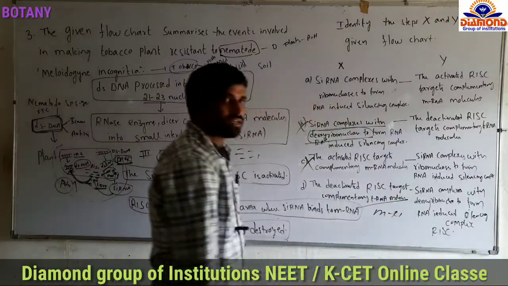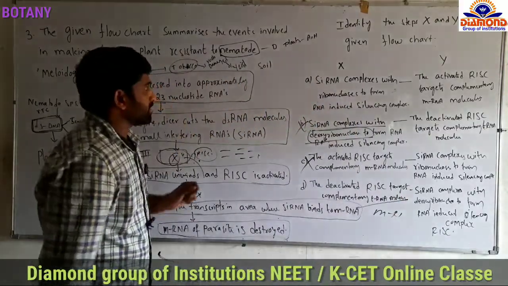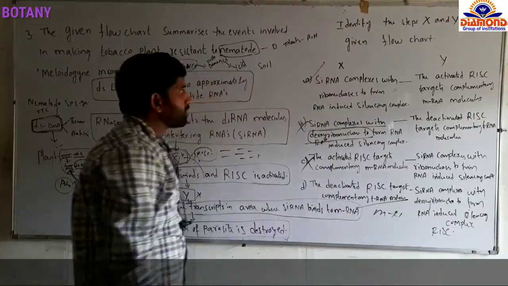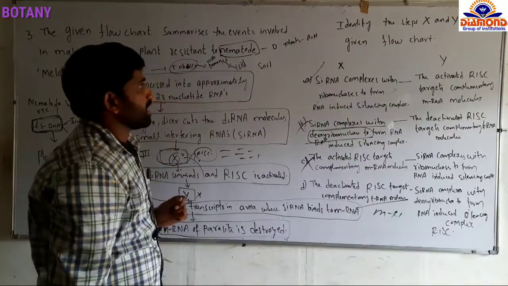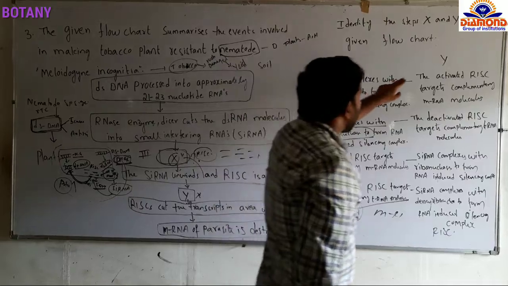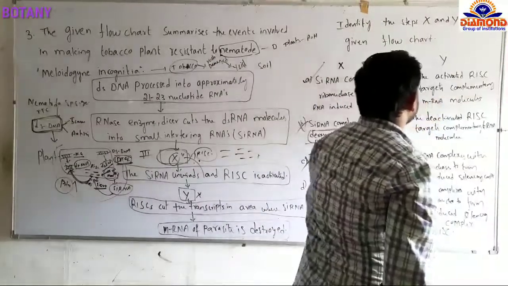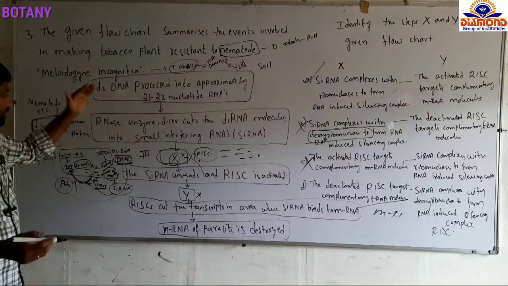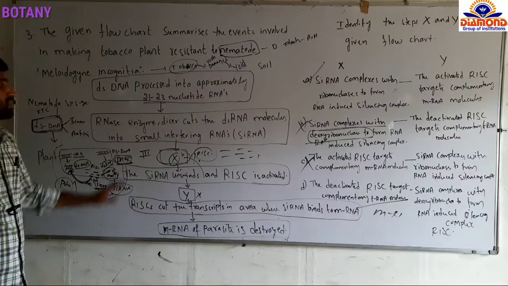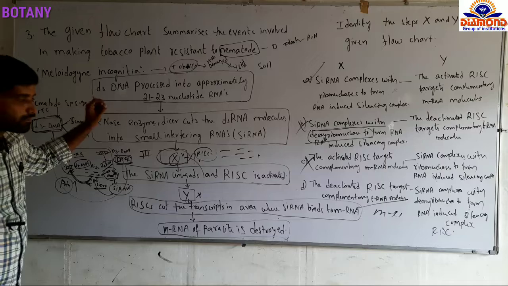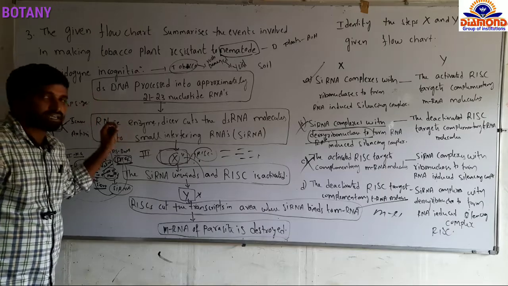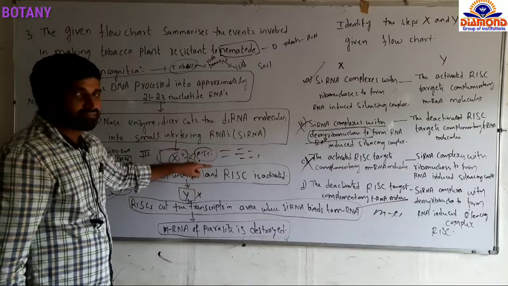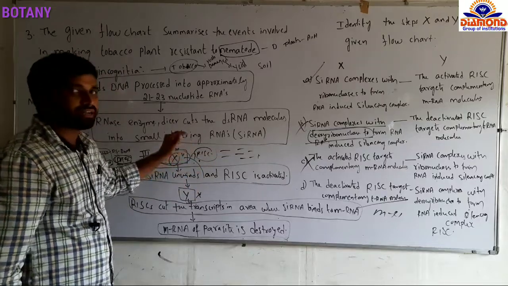So the correct answer is: in the place of X, small interfering RNA complexes with ribonuclease enzyme, and in the place of Y, the activated RISC targets the complementary mRNA molecules. After the formation of double-stranded RNA molecules, the dicer enzyme cleaves them into small double-stranded RNA molecules. Later, the RISC enzyme is activated and converts them into small interfering RNA molecules.